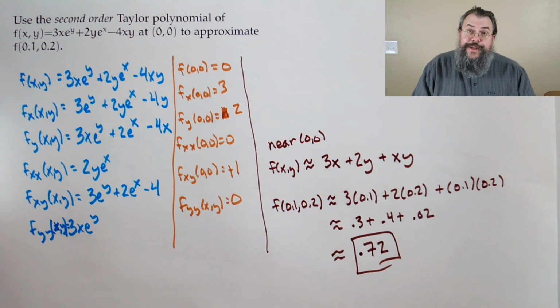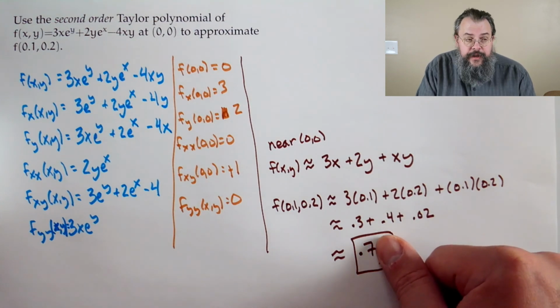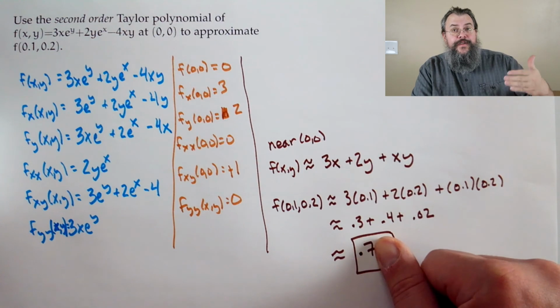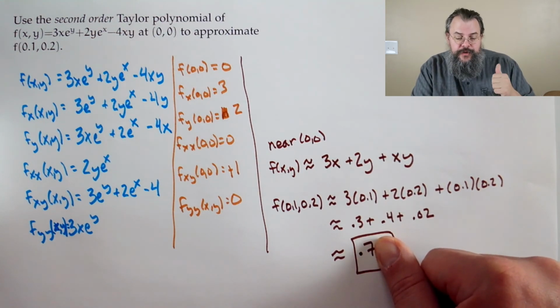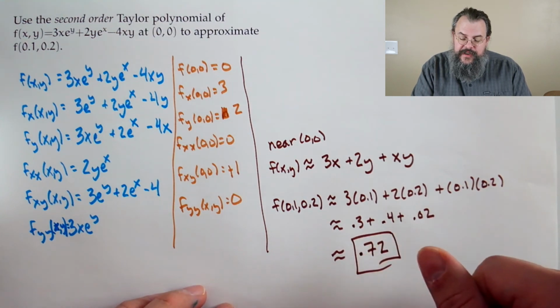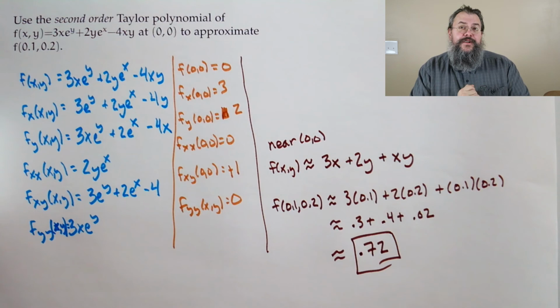Now, if you look at what's happened, the tangent plane would tell you 0.7. So only using derivatives up through the first order, it says it's about 0.7. Second order says we think you're actually better off at 0.72.